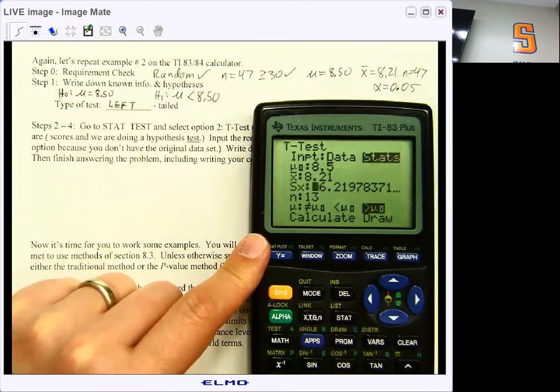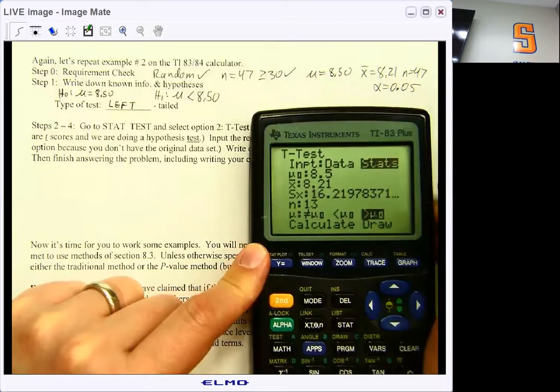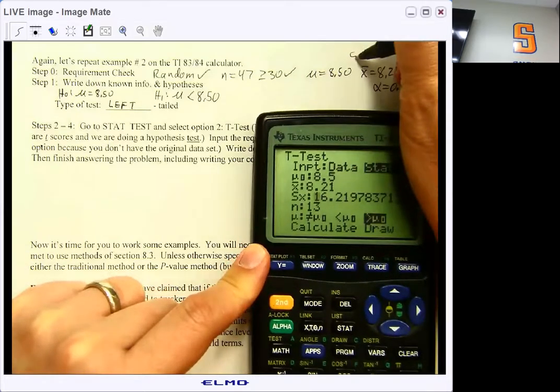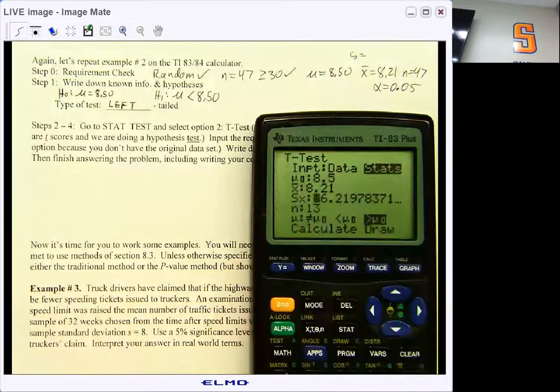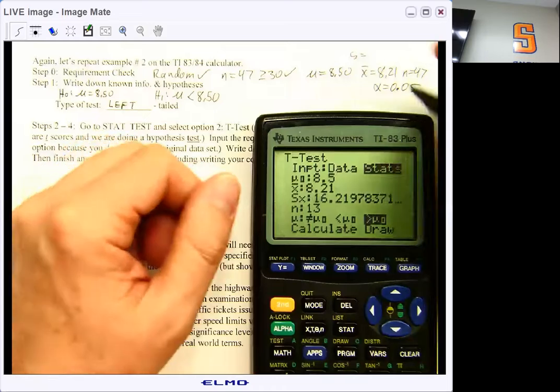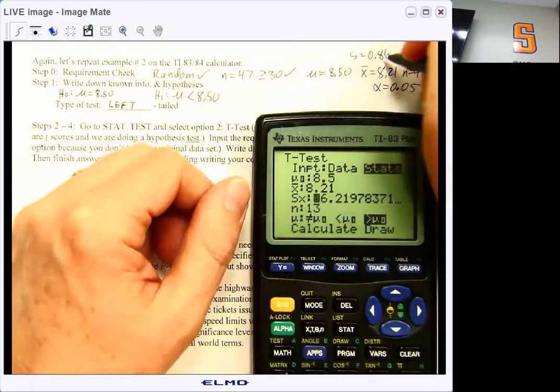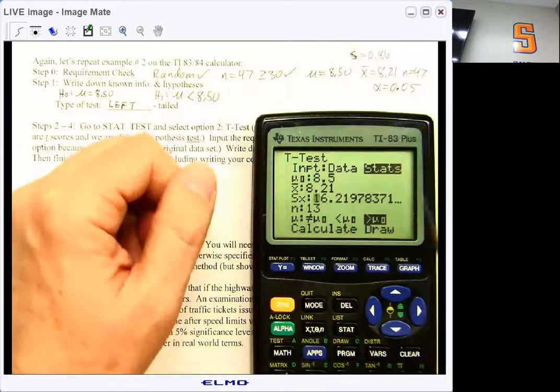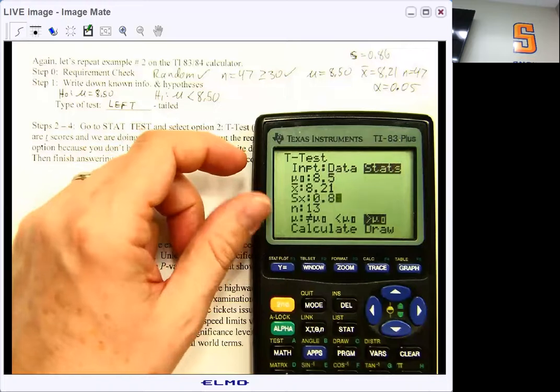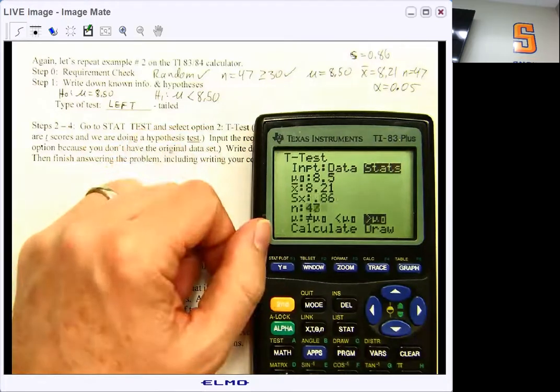Our sample standard deviation was, oh, I didn't write that one down. S equals, let me go back to that previous page. 0.86. That's an S, by the way. So 0.86, n was 47.